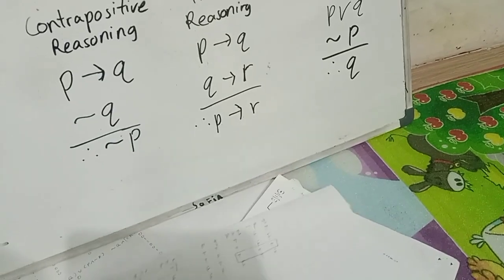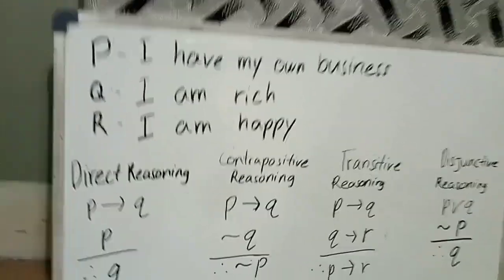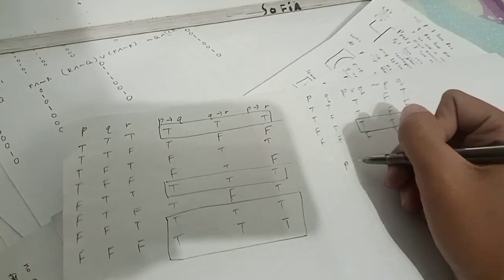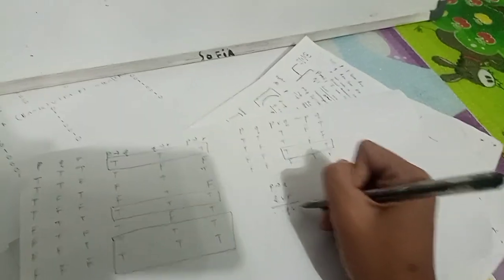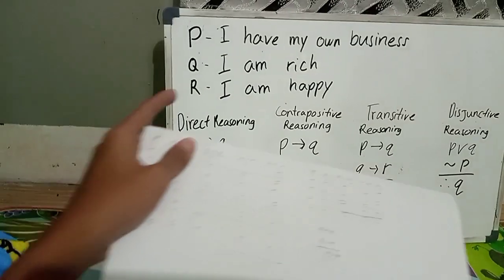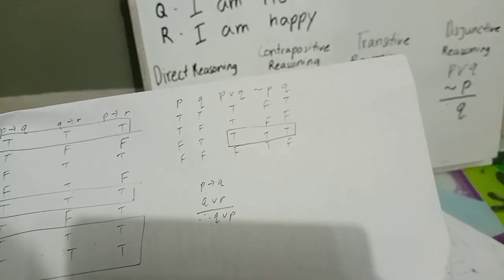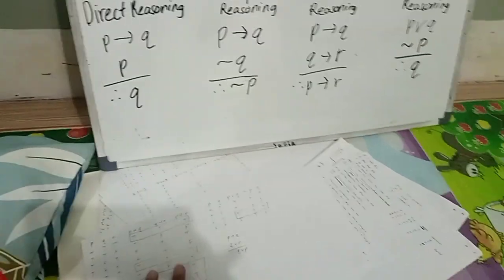Let's say that if P then Q, Q or R, therefore Q or P. So we can write that if I have my own business, then I am rich, then I am rich or I am happy, therefore I am rich or I have my own business. So we will write this.